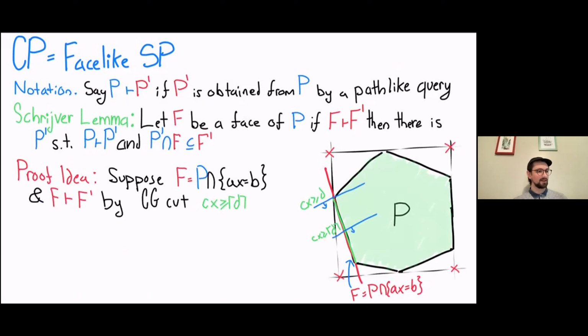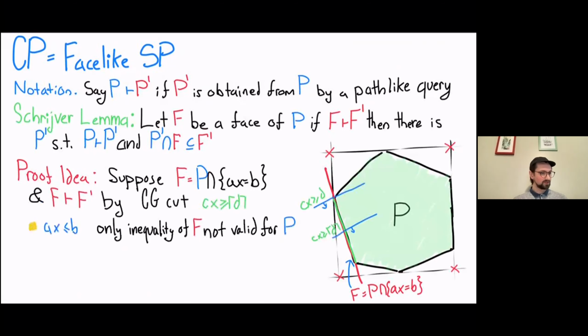Let's say we can derive F prime from F by the CG cut CX greater than or equal to the ceiling of D. The observation is that AX greater than or equal to B is valid for the polytope P, and the only thing that is valid for the face but not valid for the polytope P is AX less than or equal to B.